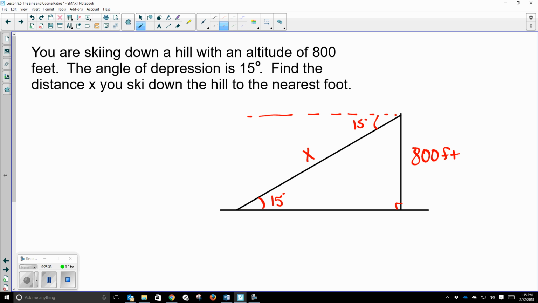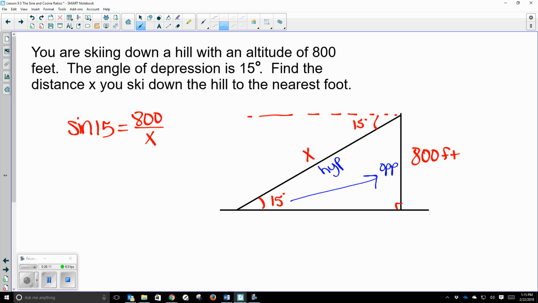So, what trig function? Sine, cosine, or tangent? Here's our angle. We have the opposite side, and then this is the hypotenuse. We don't have it, but we need it, so it has to be in the equation. And that would be sine. Not sin. We don't sin here.